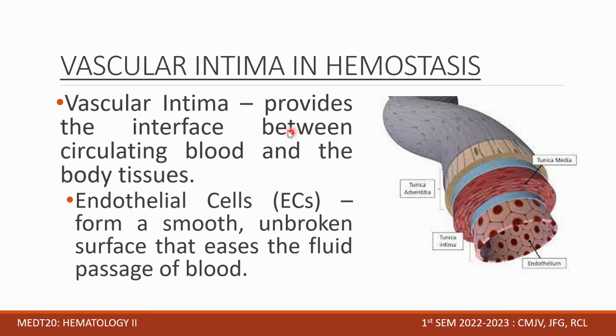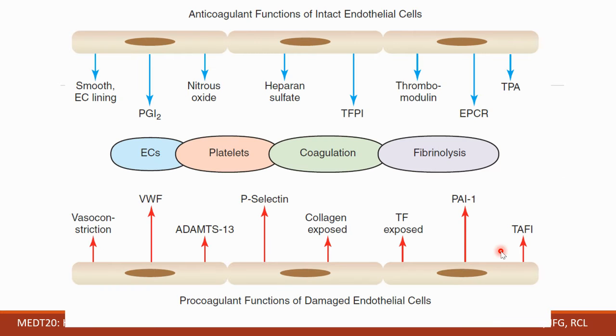It provides the interface between circulating blood and the body tissues. It is composed of a layer of endothelial cells, which form a smooth, unbroken surface that eases the fluid passage of blood.